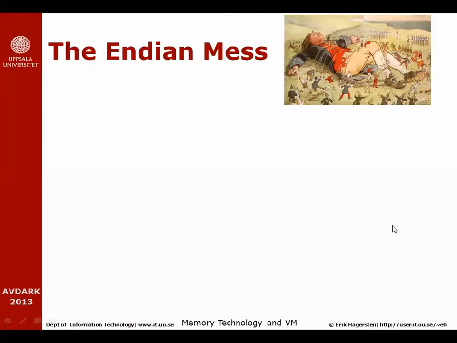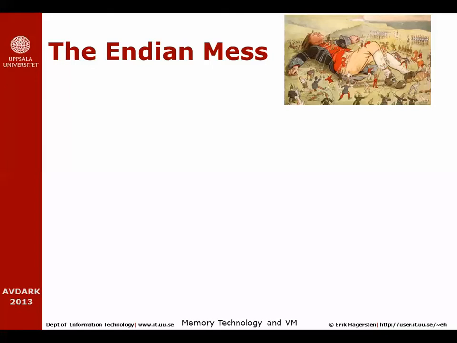Finally, before we leave memory technology, I would like to talk about what's referred to as the Endian Mess of memory. So we have the big endian and the little endian machines, and this actually refers to the book Gulliver's Travels. In Gulliver's Travels, he runs into some people who started a war, and the war was about whether you should open eggs on the pointy end or the flat end of your egg.